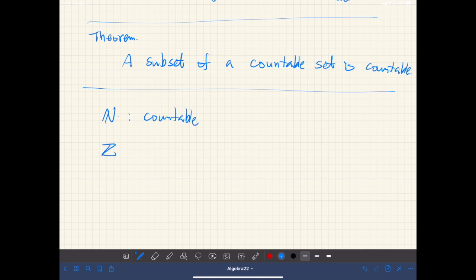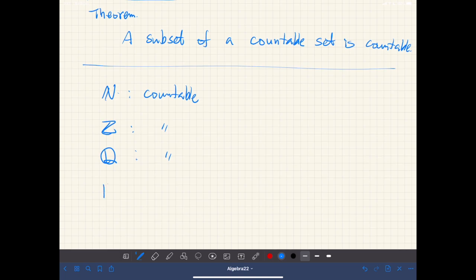What about the set of integers? Is it countable? Actually, it's countable. What about the set of rational numbers? Are they countable? Actually, they are countable. You should try to prove that. Maybe we'll show that later. And what about the set of real numbers?